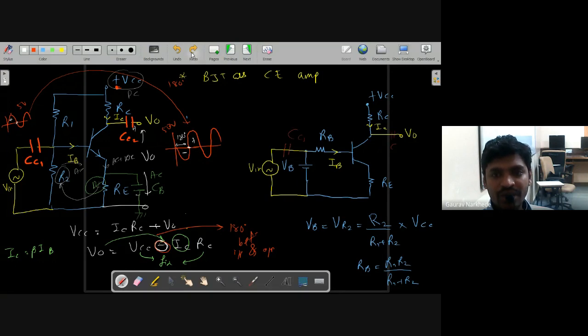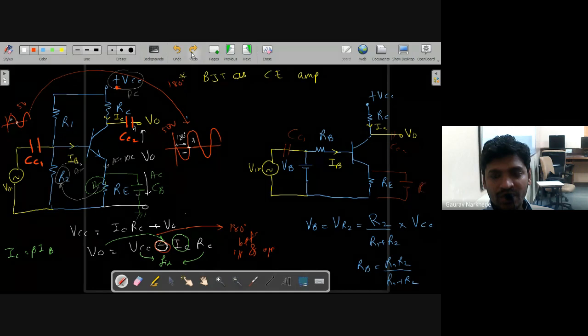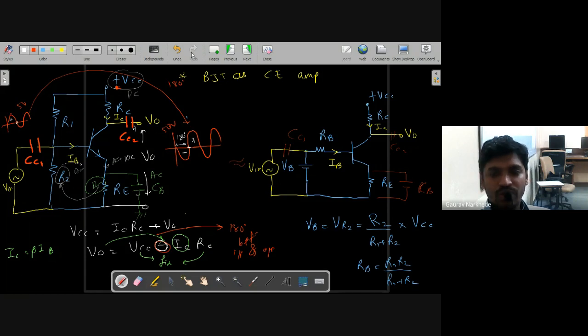Similarly, in the equivalent circuit also, I can show CC1, CC2 and CB. Both are the same circuit. One is the actual circuit on the left-hand side, and the second is the virtual circuit which I have drawn for your explanation, which is also called your equivalent circuit, right?